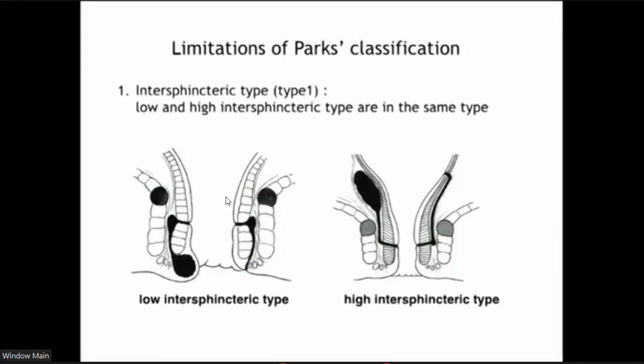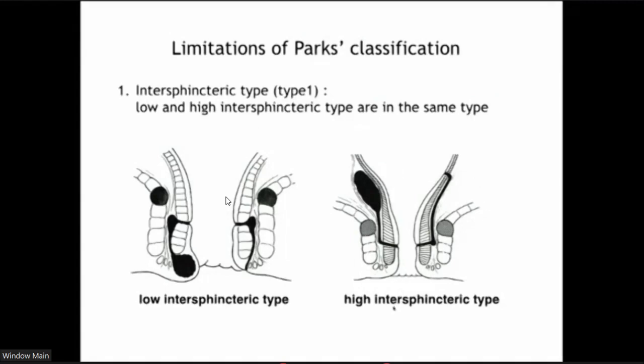Let's look at each type of the Parks classification. When we look at type 1, you can see that this is the intersphincteric type. But amazingly, the high intersphincteric type, this is the type, and this is very complex.